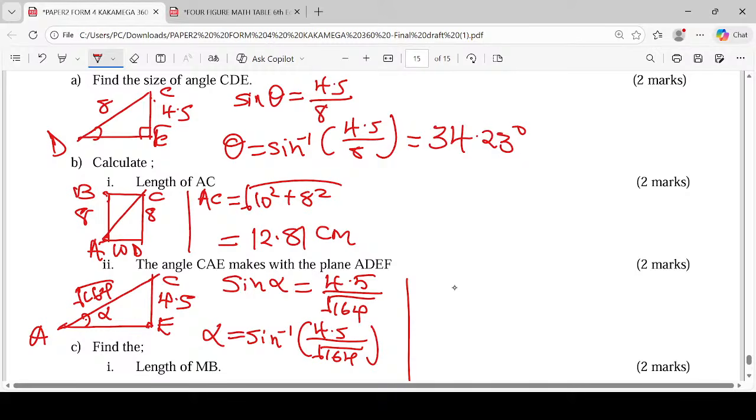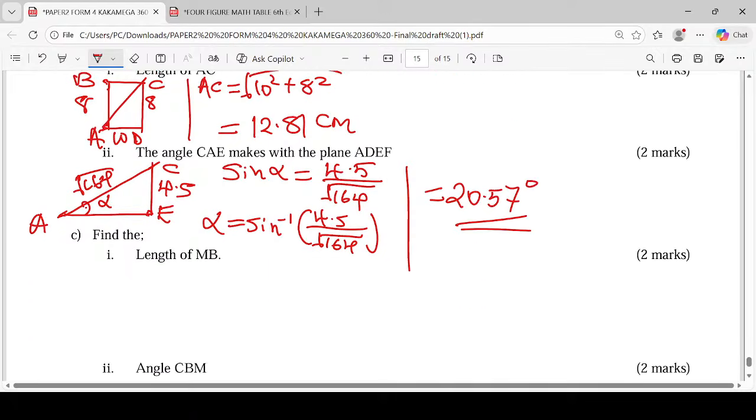If you follow along keenly, you are going to get 20.57 degrees.